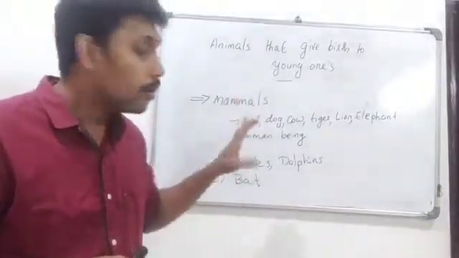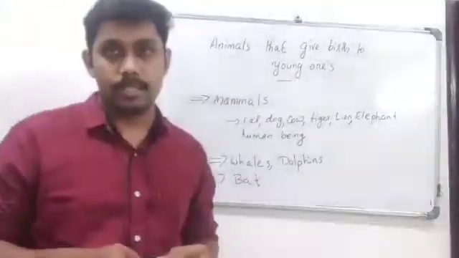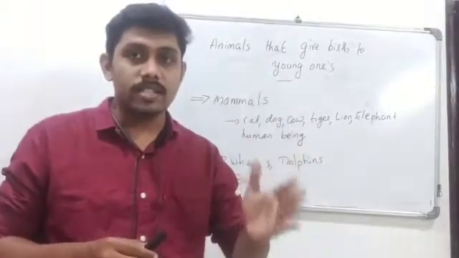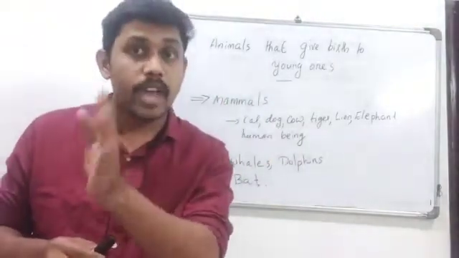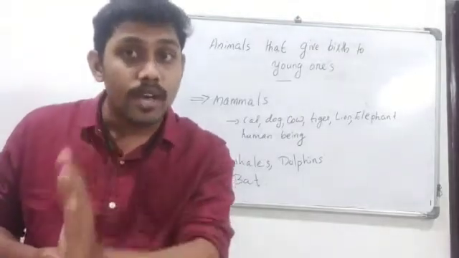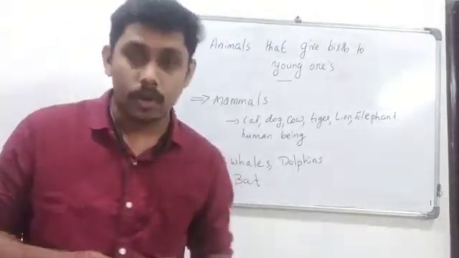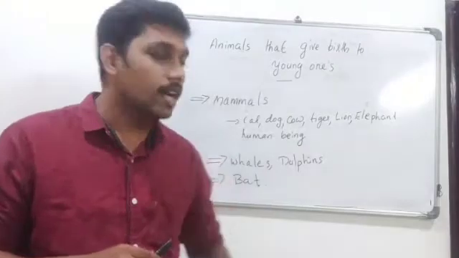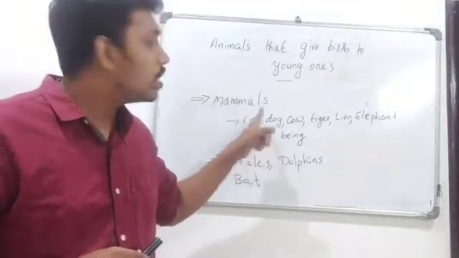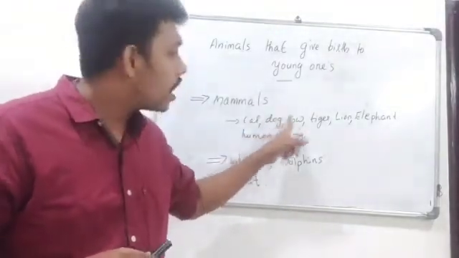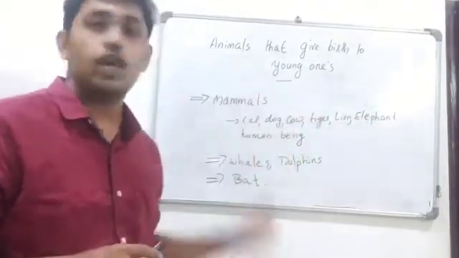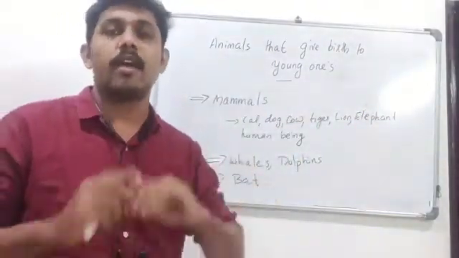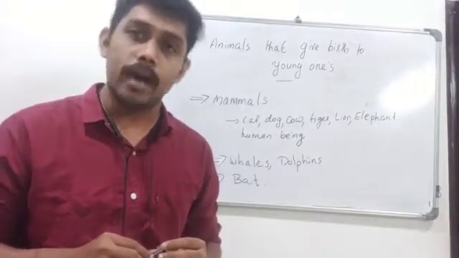What are they called? They are called mammals. Mammals are like cat, dog, cow, tiger, lion, elephant, human being. They are all mammals.